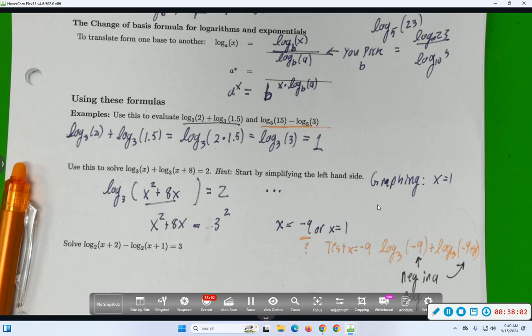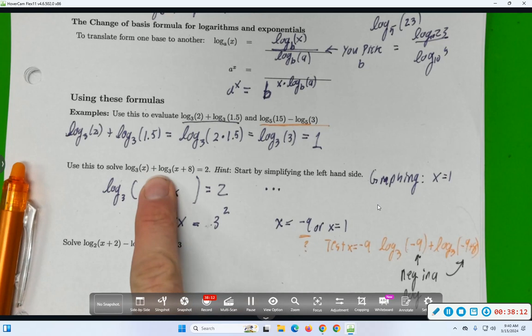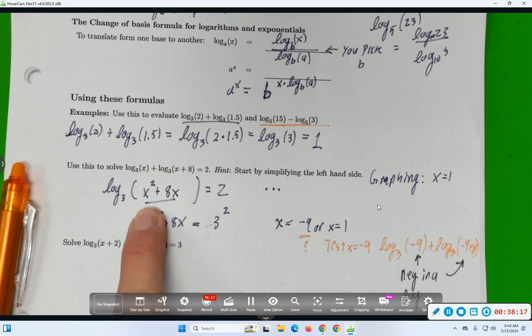Remember how earlier in the semester I said you always check domain before simplifying? This is why. If you take this expression and simplify it using that log law by multiplying together, the thing that was really in there was x times x plus 8. So you wind up with -9 times -1, which is positive. So you make the domain bigger sometimes when you simplify. That's what happened here.